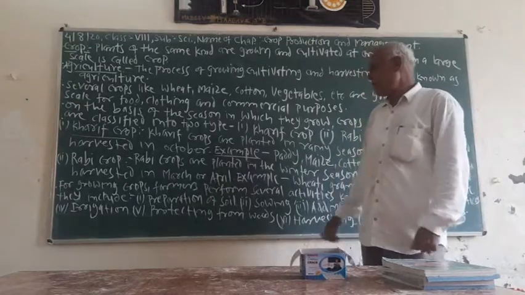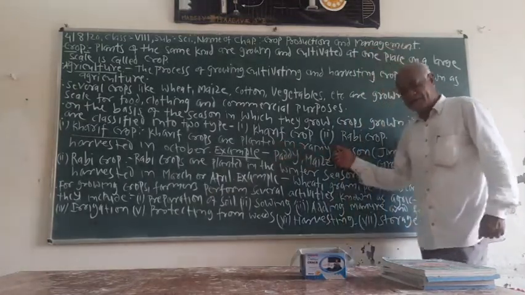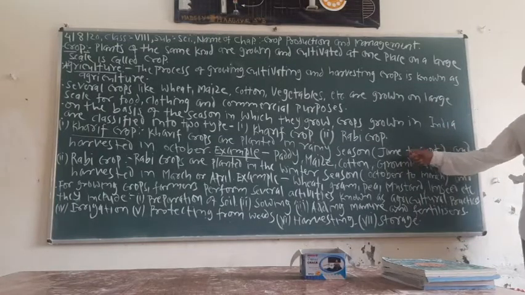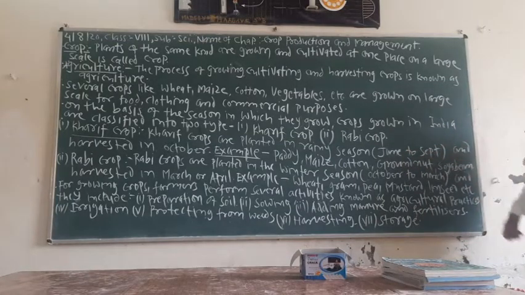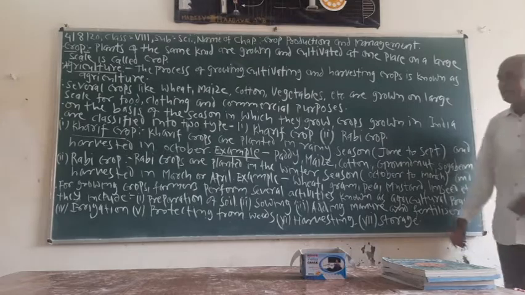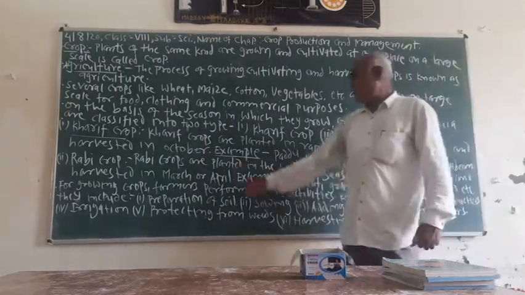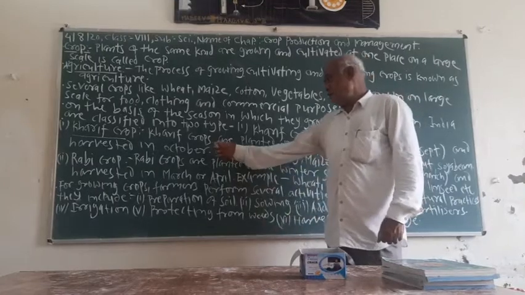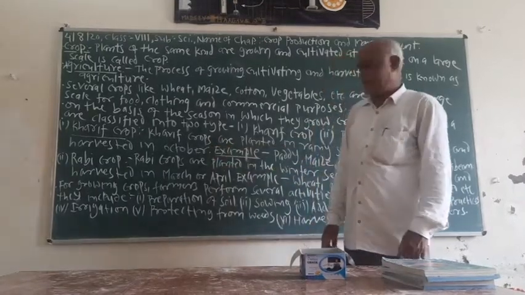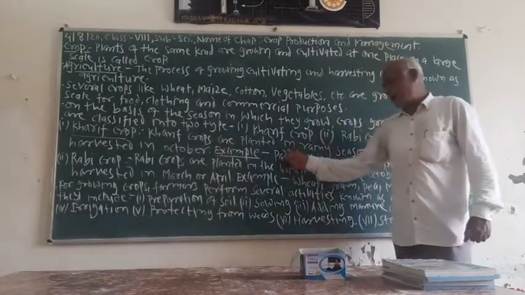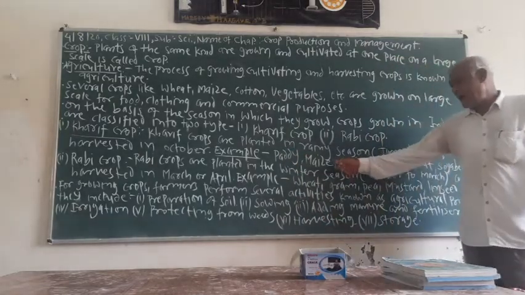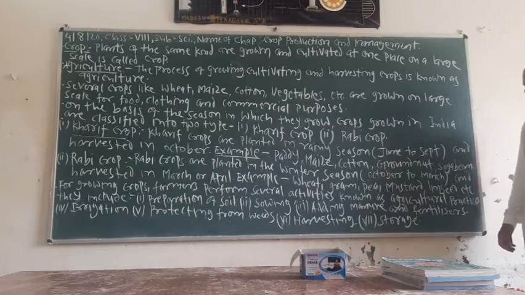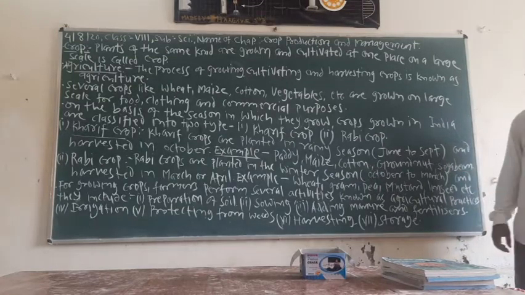So Kharif crops are planted in the rainy season, from June to September, and harvested in October. Examples of Kharif crops are paddy, maize, cotton, groundnuts, soybean, etc.